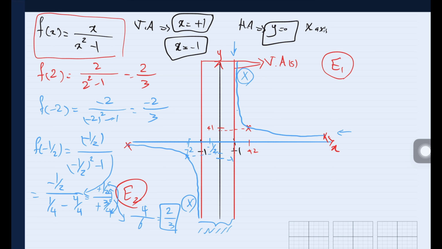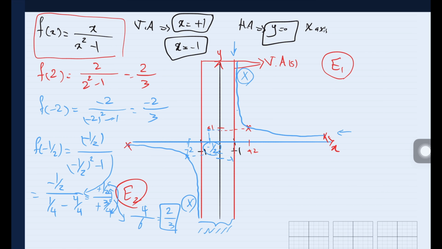So for negative 1 over 2, the function value is positive 2 over 3, which is this number, right?